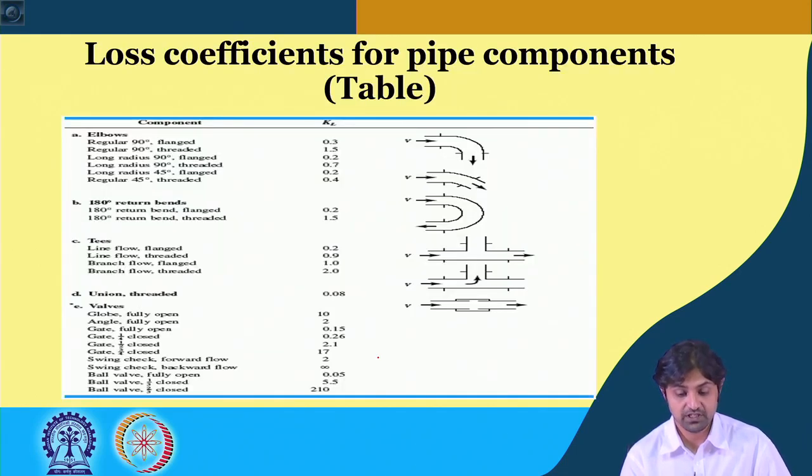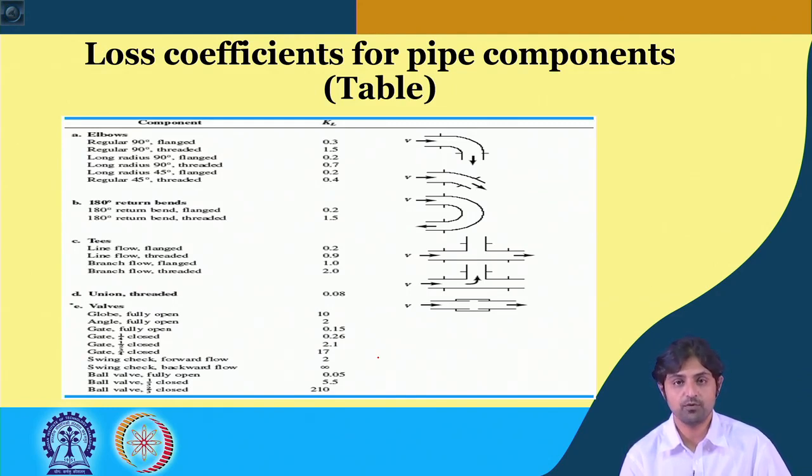So this is a table again for pipe components. For examination and assignment purposes you can keep the tables with yourself, but in exams these values will mostly be provided. Only those values which are very common, like the K entrance, K exit, sudden contraction, sudden expansion and things like that, won't be provided.